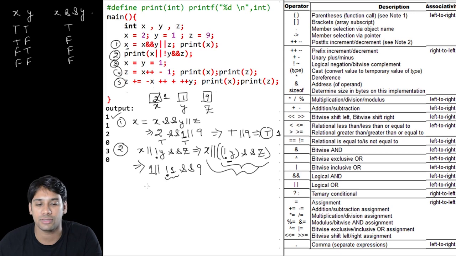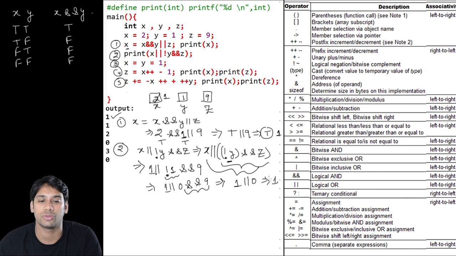So this actually means 1 or 0 and 9, and AND has more precedence. So 0 and 9 is going to return false. That means 1 or 0, and 1 or 0 means true. So this statement is going to print the output as true, which is 1.